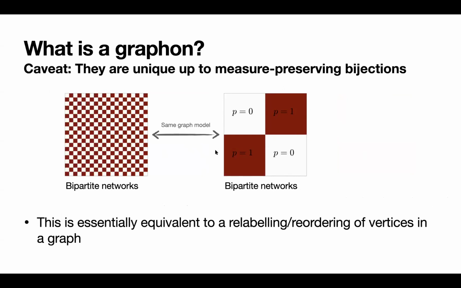And it is exactly the same probabilistic graph model. It's just a reordering of the node positions. So this is essentially equivalent to a relabeling or a reordering of vertices in a graph. So whenever we have such a pretty graphon picture in mind, we have to be aware that it is only unique up to this measure preserving bijection of the space.